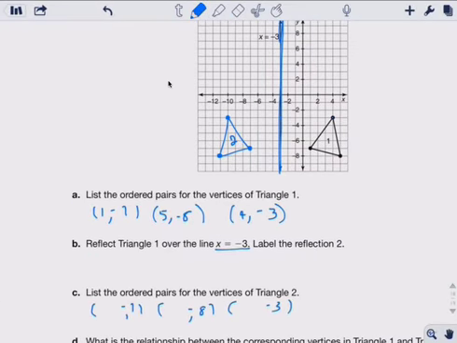Alright. The -3, it's -10, -3. The -8 is 11, -8, and then the other one, -7, it's -7, -7.